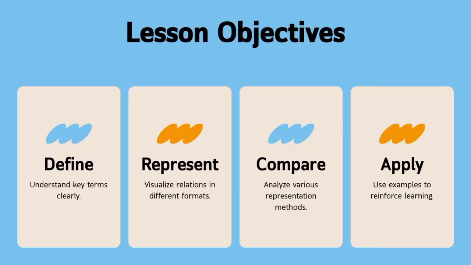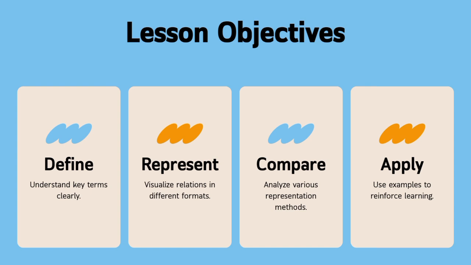Let's begin with our objectives. By the end of this session, you should be able to define what a relation is in mathematics. Understand key terms clearly so you can use them confidently. Second one is represent relations using three methods: arrow diagrams, tables, and matrix.